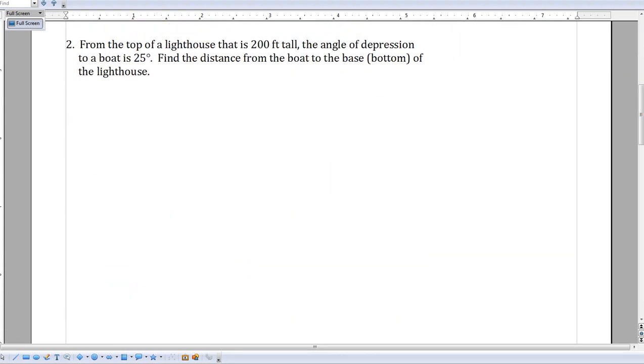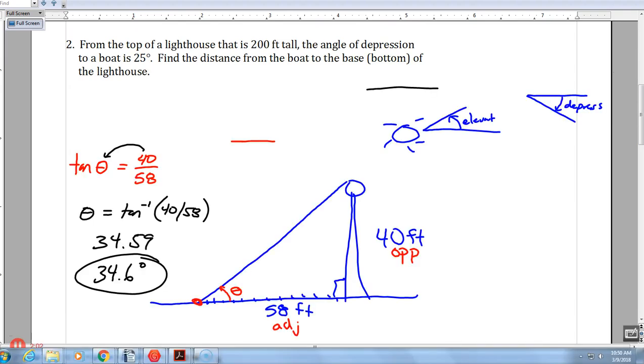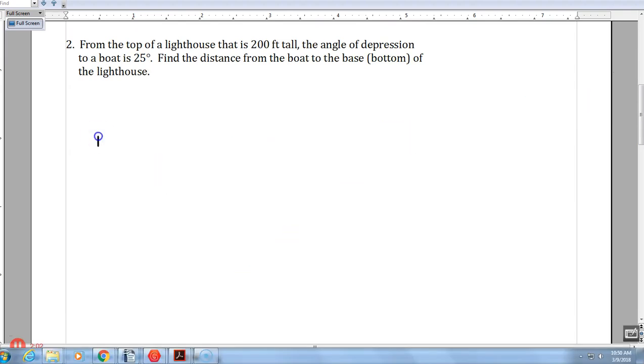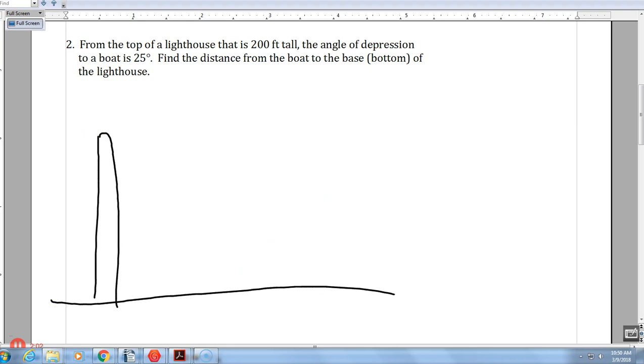Top of a lighthouse, 200 feet tall. So I don't really know how to draw a good lighthouse, so just going to do that. And it's 200. Maybe there's like a little window up there. No. And then there's a boat out here somewhere. And angle of depression is 25.